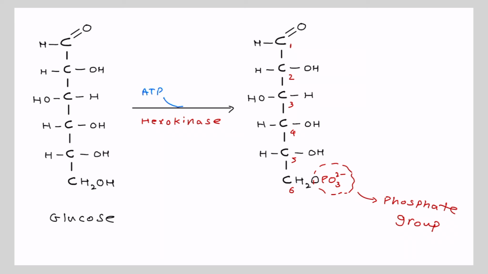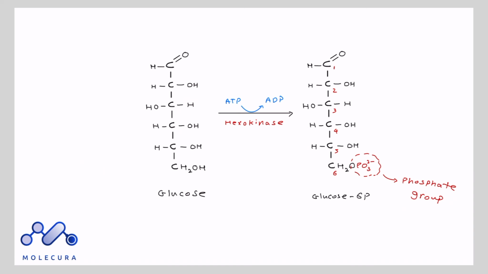And one ATP is getting consumed here, and it's getting converted to ADP. So this molecule that we have here is now called glucose 6-phosphate. Why? Again, because it has a phosphate group on carbon number 6. So this is our first reaction of glycolysis.